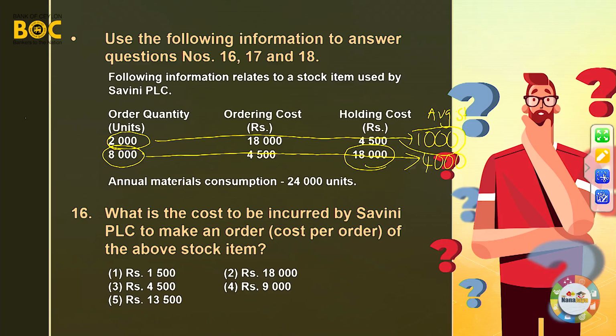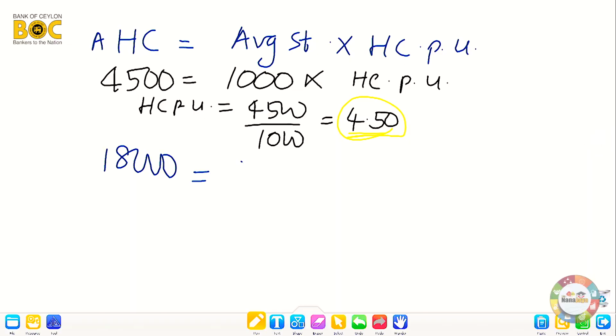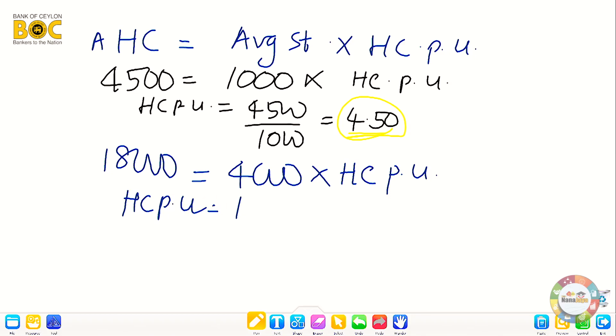We calculated in the second situation, average stock is 4000, into holding cost per unit. Then the holding cost per unit equals 18,000 divided by 4000. Again you get 4 rupees and 50 cents.